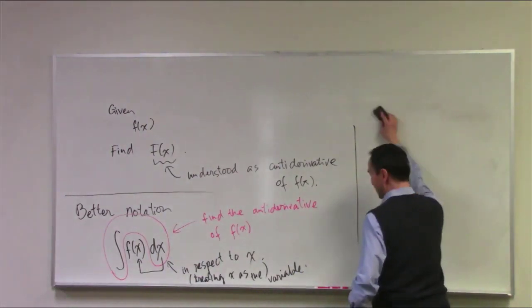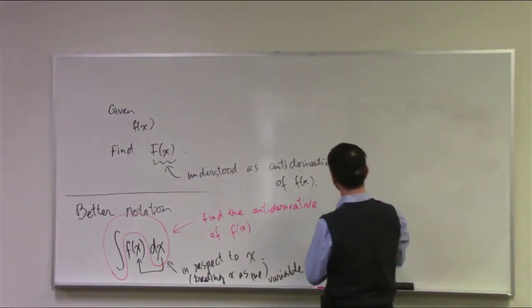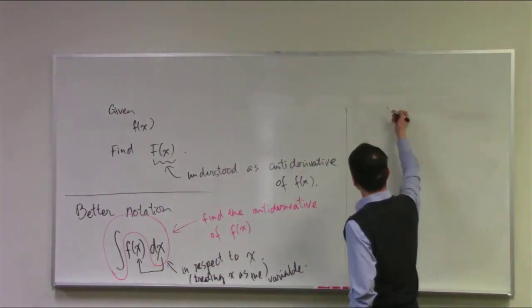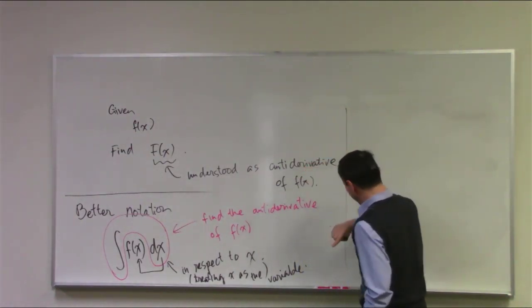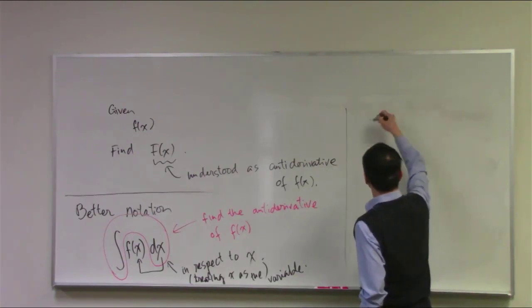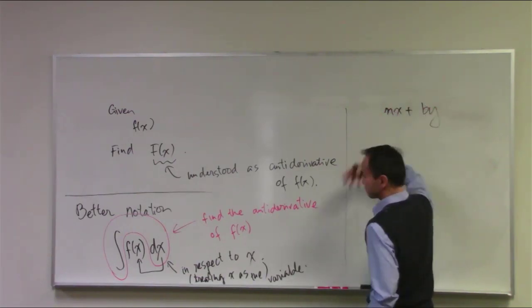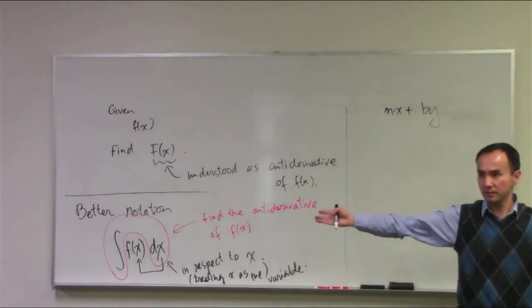The whole reason I spent so much time beating around the bush with that symbol is this. Let's say at this point of your learning you see an expression mx plus by, right?